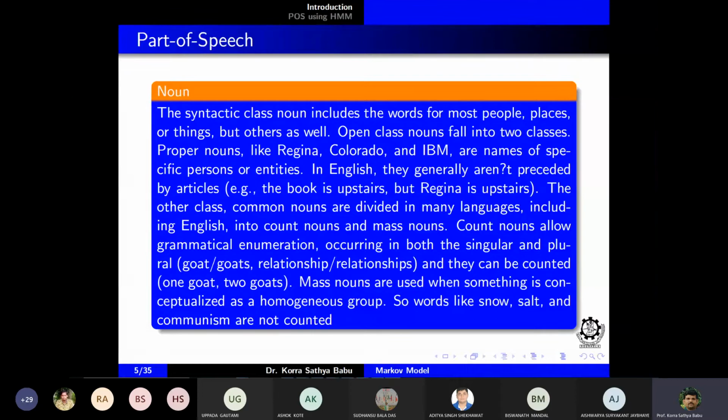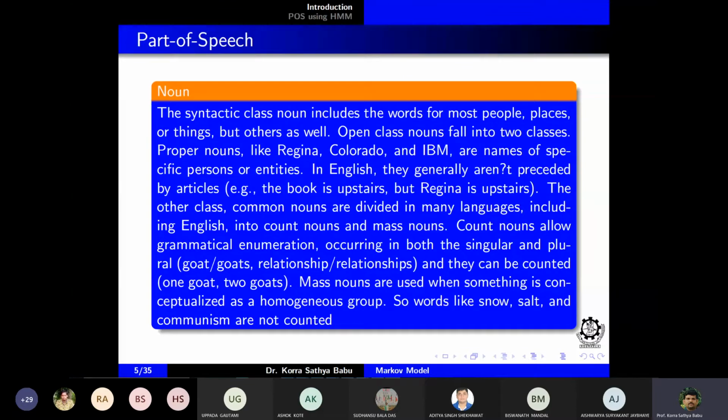So count nouns allow grammatical enumerations occurring in both the singular and plural, like goat, goats, relationship, relationships. And they can be counted also, like one goat, two goat, 10 goat, right?